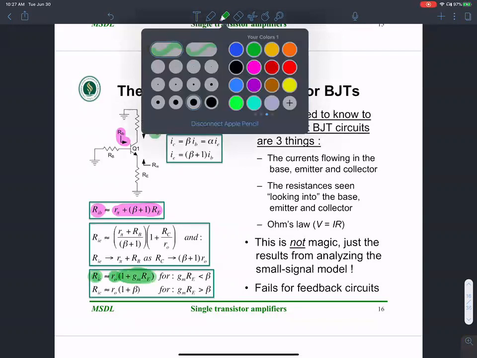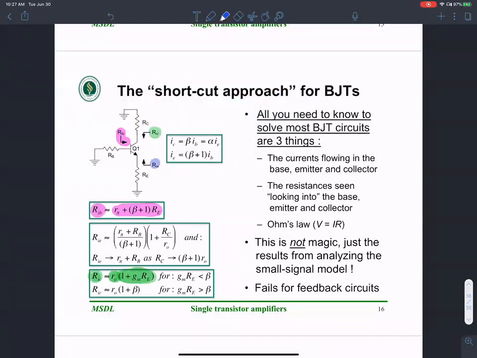This is the concept that we just looked at. Looking into the emitter, the resistance RE is R pi plus RB by beta plus 1, that's a scaled down version of it, and the 1 plus RC by R naught, which tends to beta plus 1 times R naught. Looking into the emitter, it tends to be a large number, beta plus 1 times R naught.